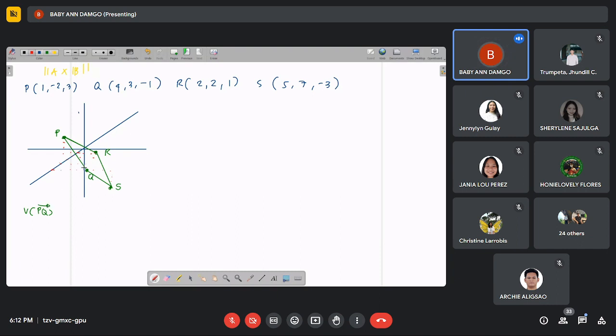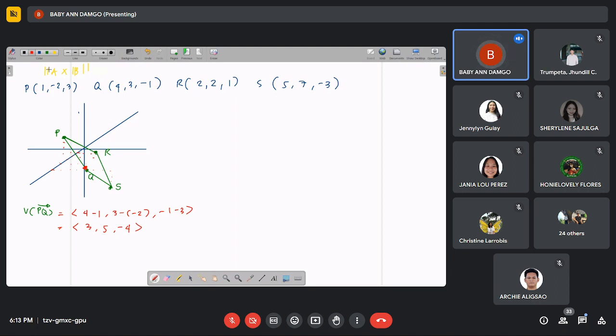We can create the vector from this by subtracting the coordinates. So we have 4 minus 1, and then 3 minus negative 2, then negative 1 minus 3. This is (3, 5, -4).